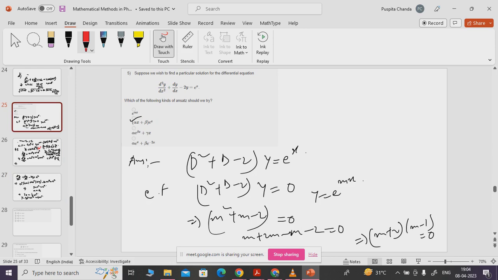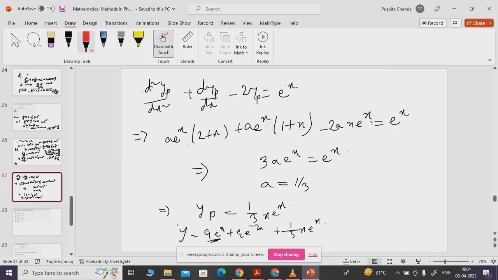So here x into e to the power x is the only option. This kind of analysis we should try.